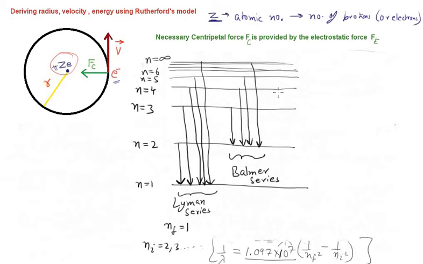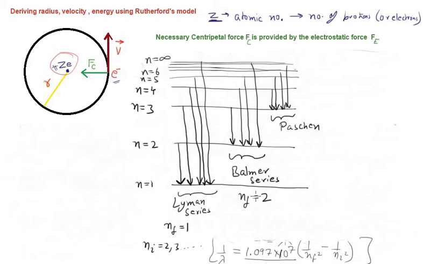Right? And then let's take the third one. For the Balmer series, n final will be equal to 2. And then let's talk about n equal to 3. The series in which all the landings are taking place at n equal to 3 is known as the Paschen series.